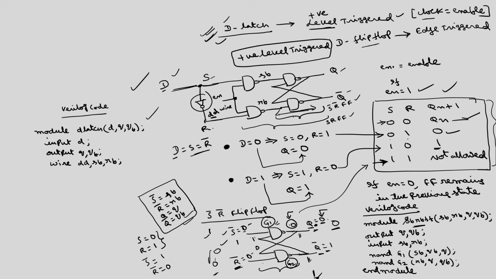After that, to derive this DD we require a NOT gate, primitive is NOT, the output of this NOT gate is DD, input is D. Then you can call this one gate G1, this is G1, this is G2, G3. After that we can instantiate the NAND G2. The output is SB, and you also have to give the enable input, here you have to write enable.